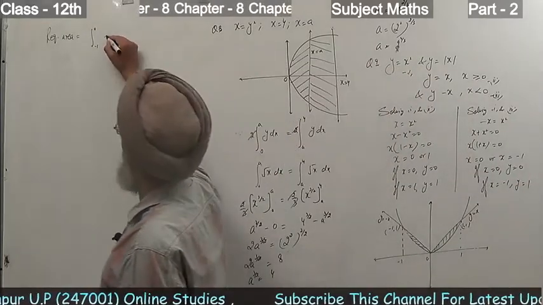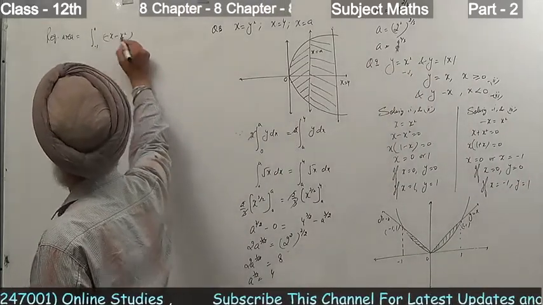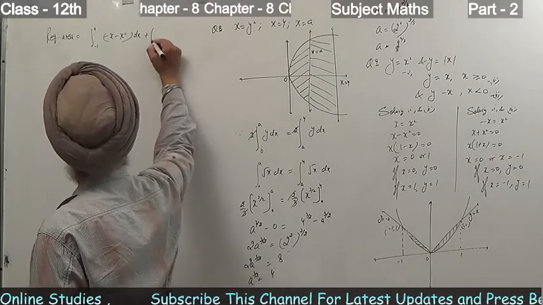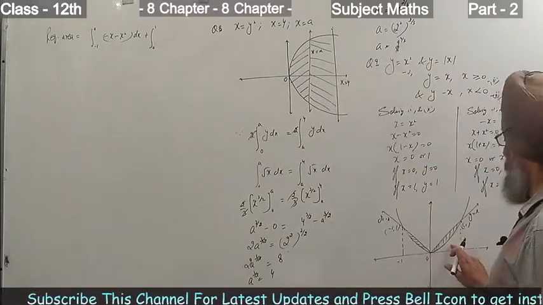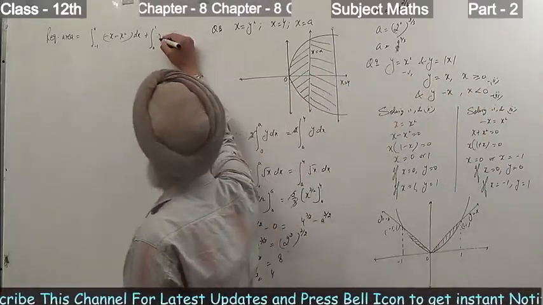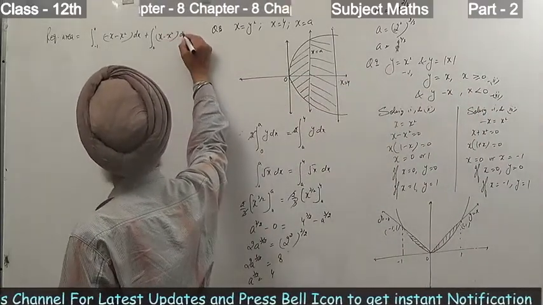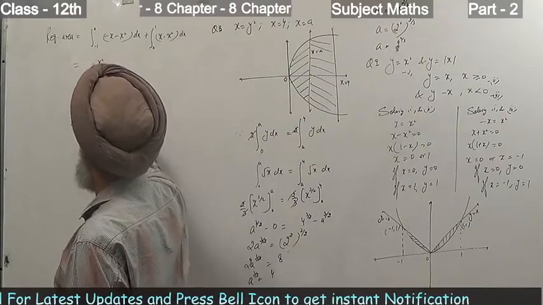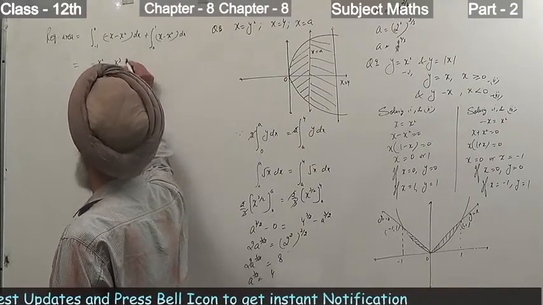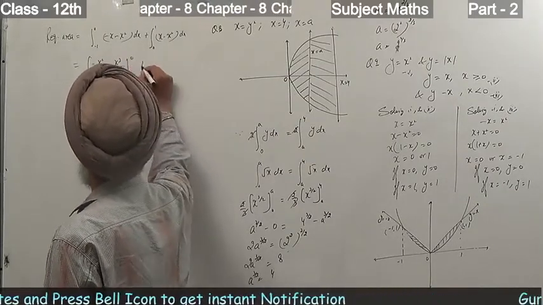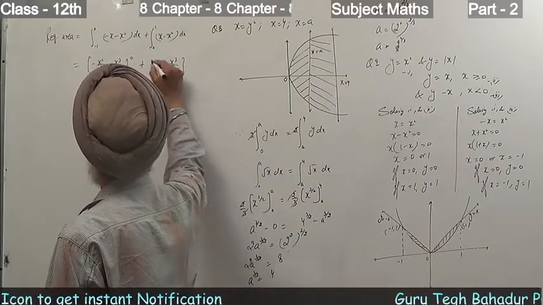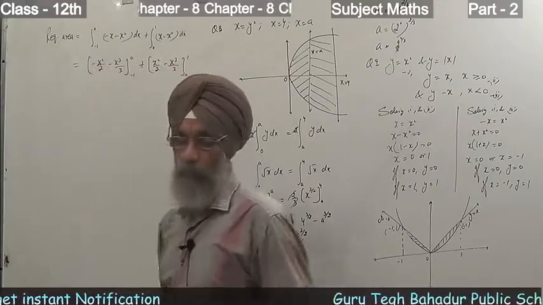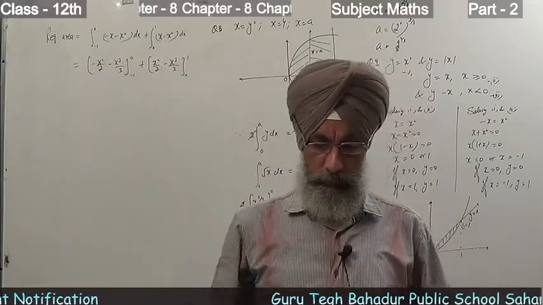So minus x minus parabola, plus then 0 to 1. Again bounded between line and the parabola. Line is x, x minus x square. Minus x square upon 2, x cube upon 3, minus 1 to 0, plus x square upon 2 minus x cube upon 3. Then solve it. Solve this one. Okay?